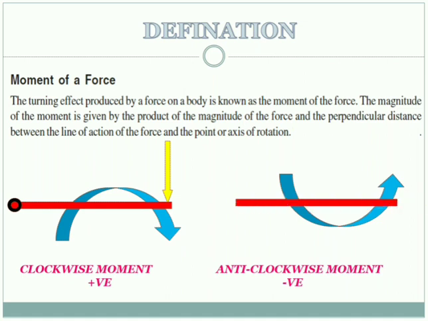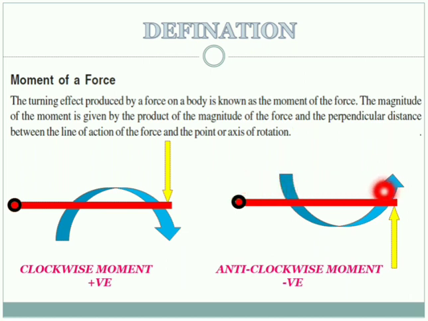Now further I'll take the same beam. In this case I am applying the force not from the top but from the bottom. Again I'll consider a point O at the left end as the moment center, the point about which we want the moment to be calculated.